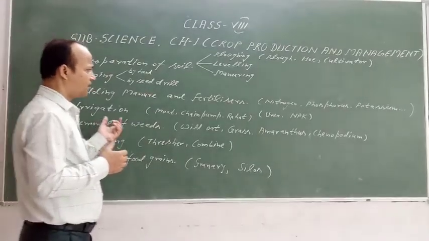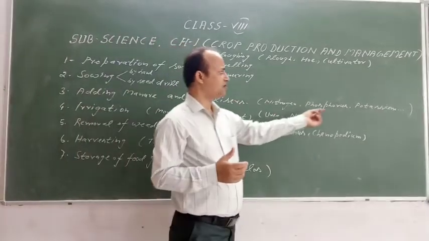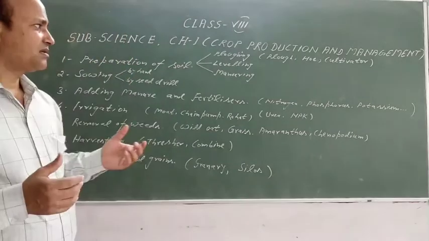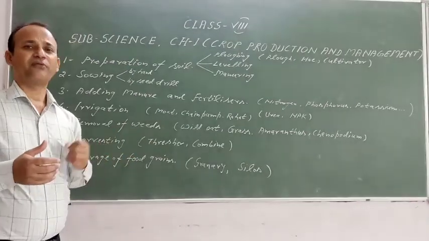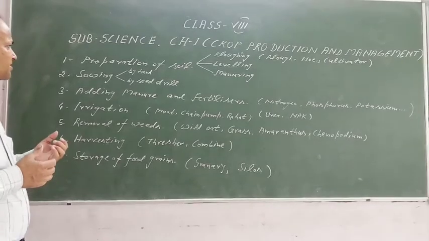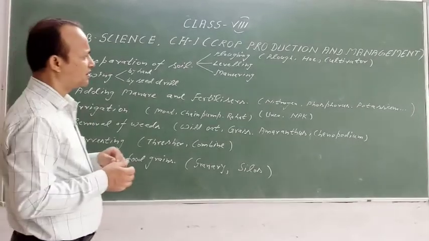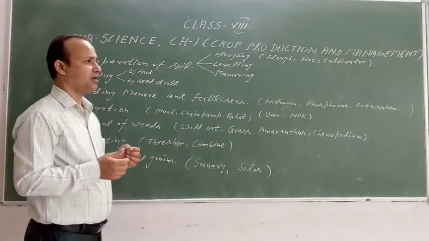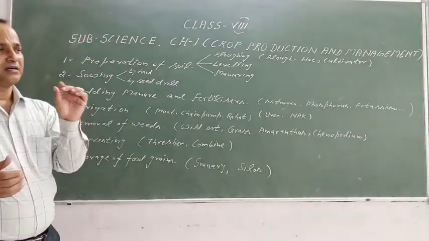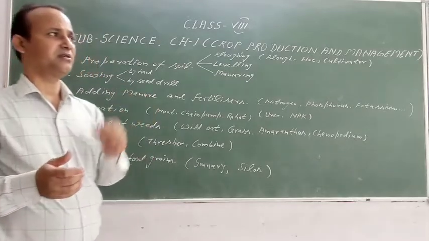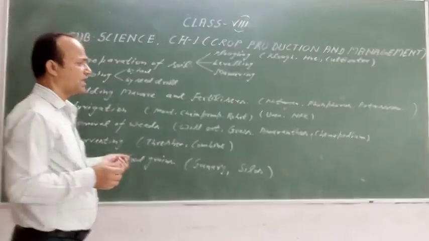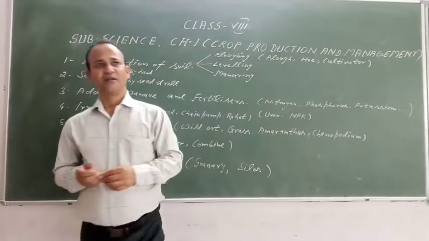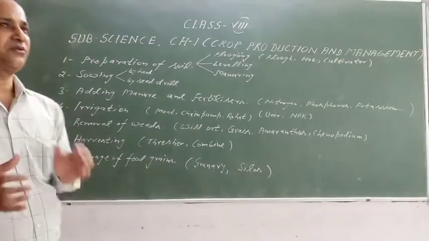Manure contains nitrogen, phosphorus and potassium. These are the elements which are very good for plants. And next one is fertilizers like urea and NPK. Urea, as you have seen, is a spherical shape white crystal, and NPK, that is nitrogen, phosphorus and potassium, is a mixture of nitrogen, phosphorus and potassium.